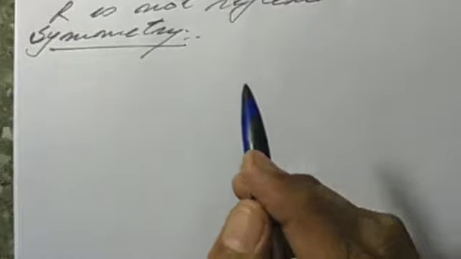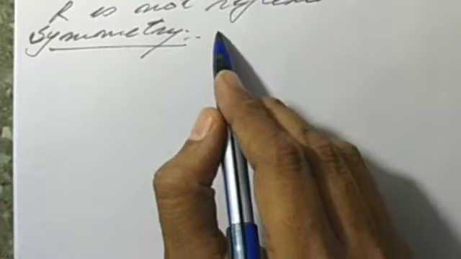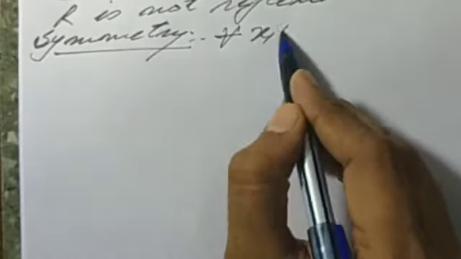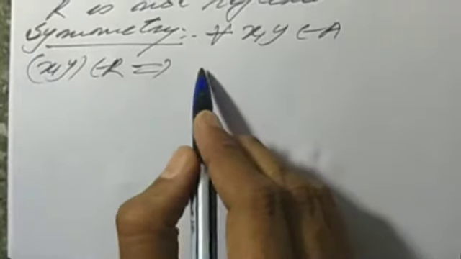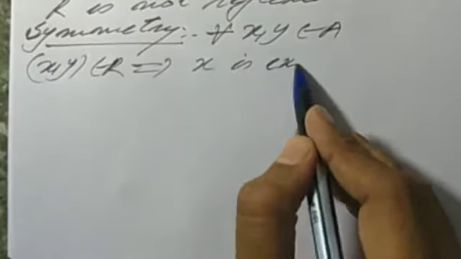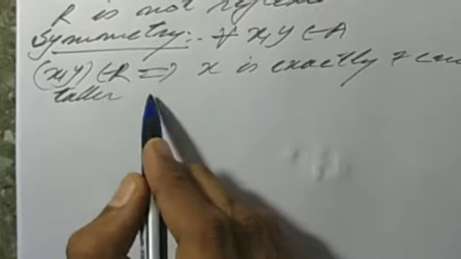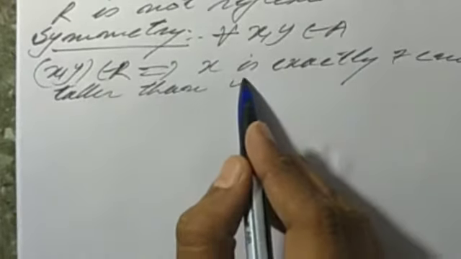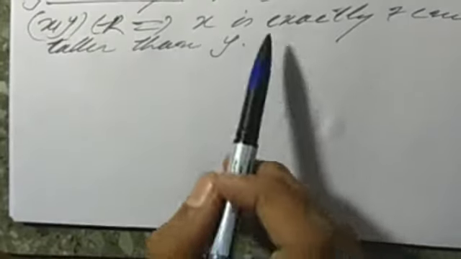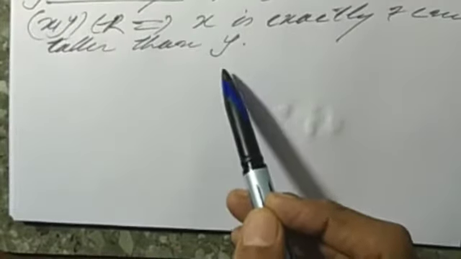Now let us talk about symmetry. So for symmetry, let us take two arbitrary elements x and y. For all x and y belonging to A, if (x, y) belongs to R, it implies, according to definition, that x is exactly 7 centimeter taller than y. So obviously if x is exactly that much taller than y, then y cannot be taller than x, y must be shorter than x.